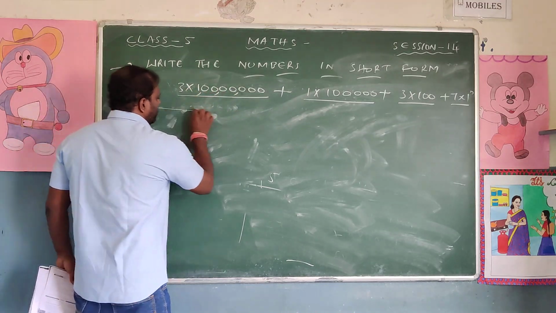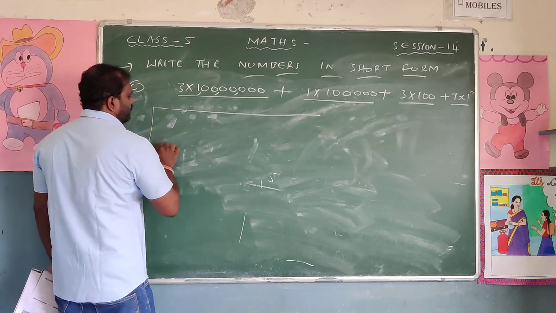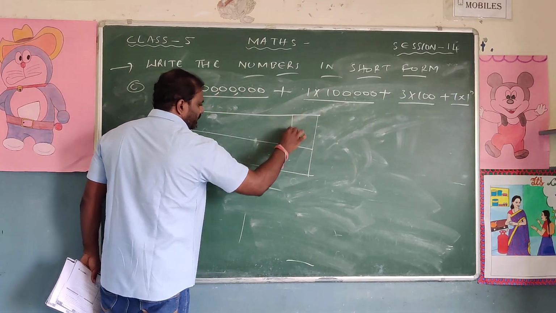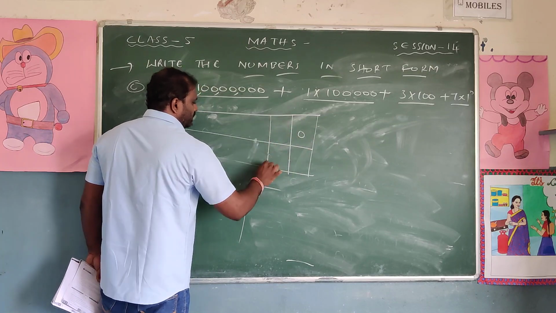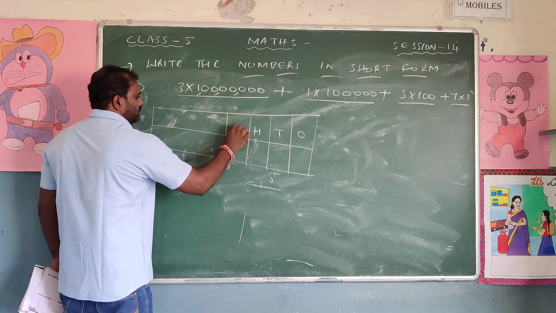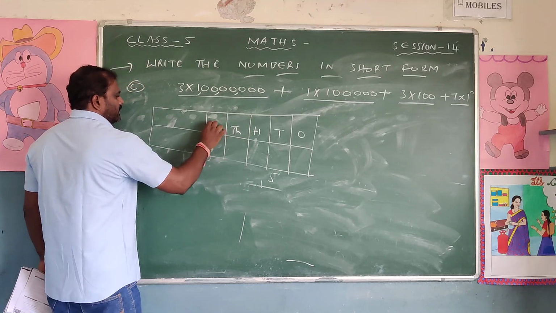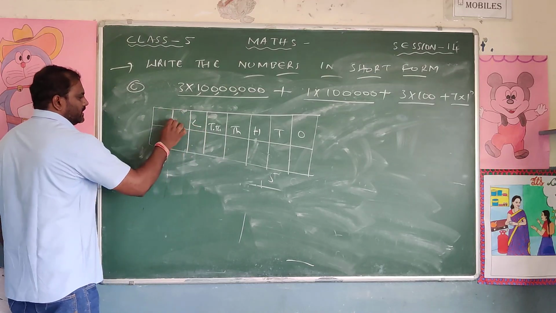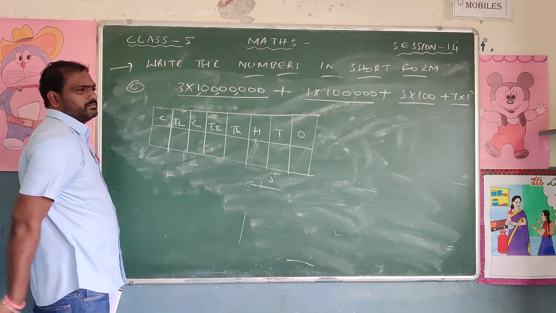So since crores is there, first take a box, right, and write from here starting. It is ones, it is tens, hundreds, next thousands, next 10,000s, next lakhs, next 10 lakhs and crores.